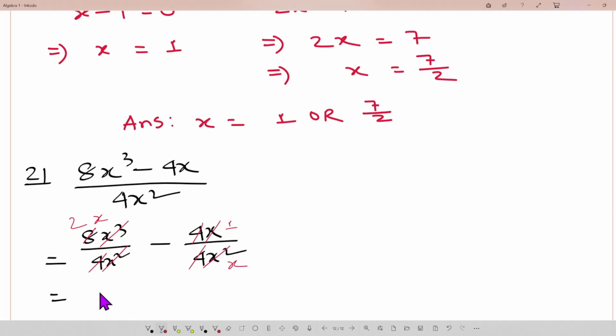So finally we get 2x − 1/x as our answer.